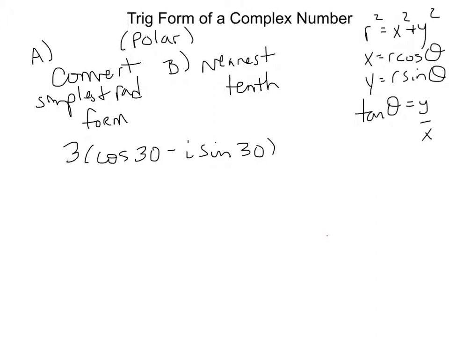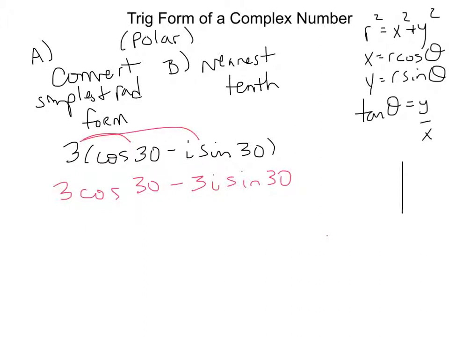So what we're going to do is distribute the 3 to both parts. So it's going to be 3 cosine 30 minus 3i sine 30. Now, since this is a 30, I need a special triangle.